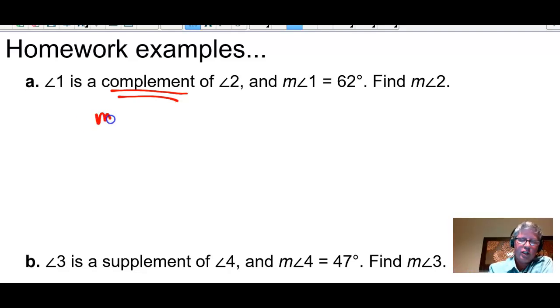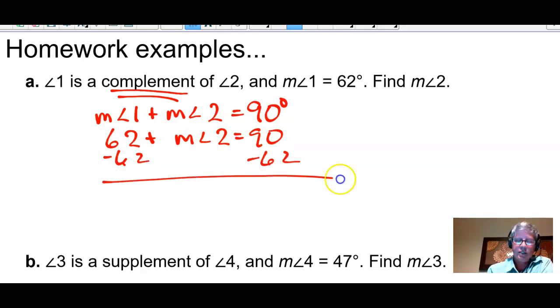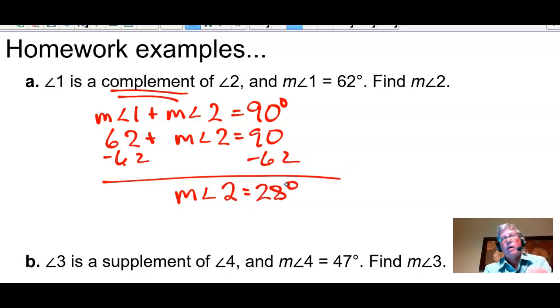Maybe the way you'd want to show it is measure of angle 1 plus measure of angle 2 equals 90 degrees because they are complementary. We know that angle 1 is 62. And we just do a little algebra. Minus 62 from both sides. And we get measure of angle 2 is equal to 28 degrees. We're done. Look in the back of the book. It says 28. Life's good.